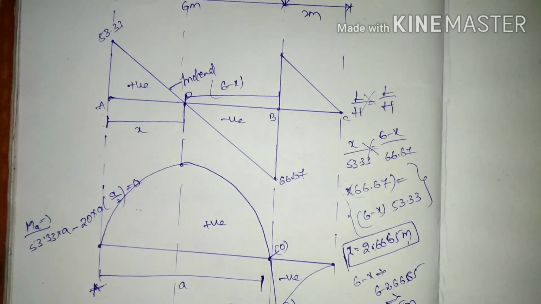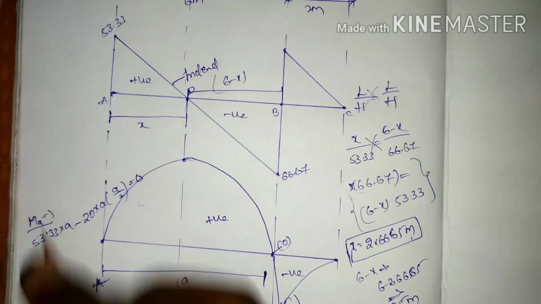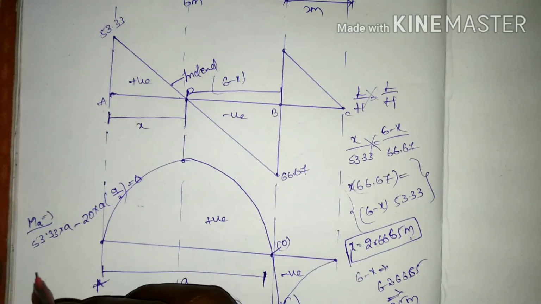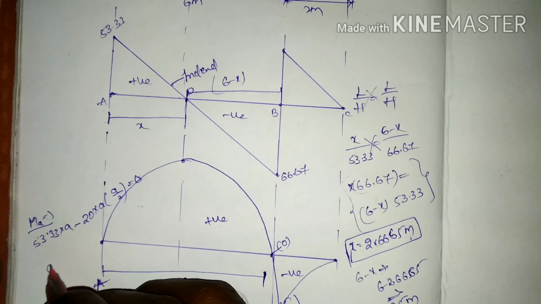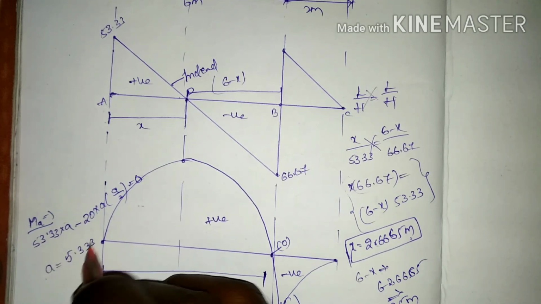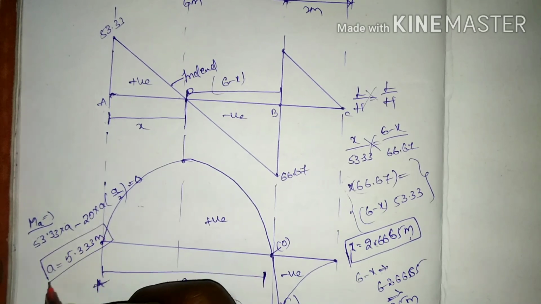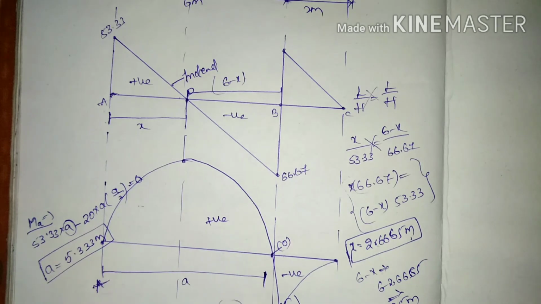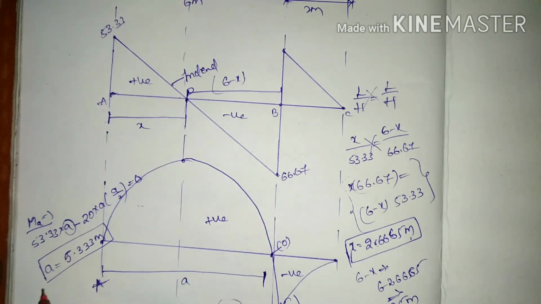In between these we are having only RA and UDL, so equate this to 0, then we are going to have the value of a is equal to 5.333 meters. If you put this in the calculator, representing the a value as x, then we get the value of a is equal to 5.333 meters. Here this is where the point of contraflexure occurs.